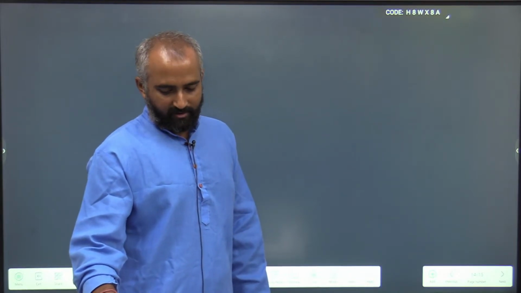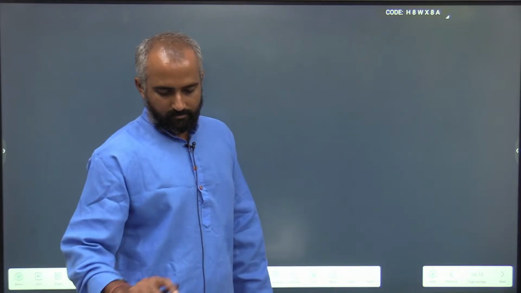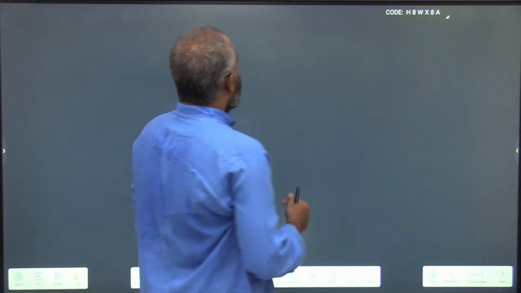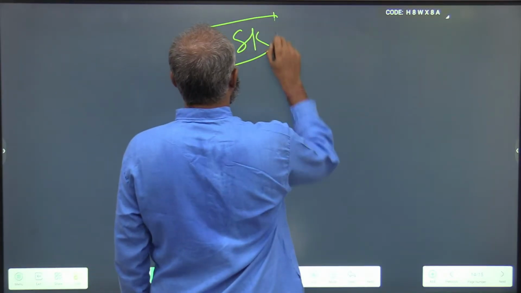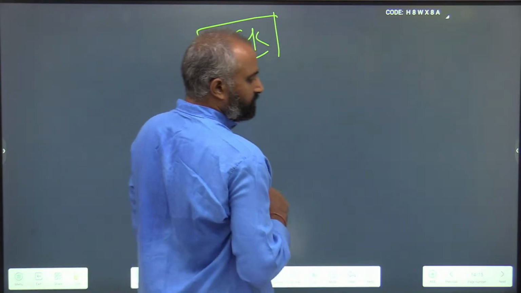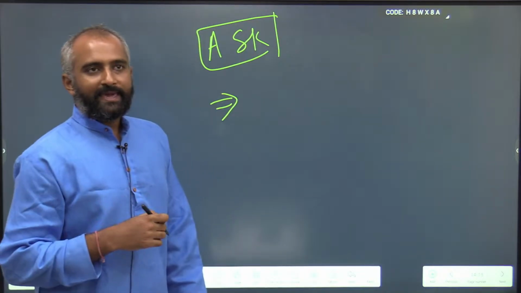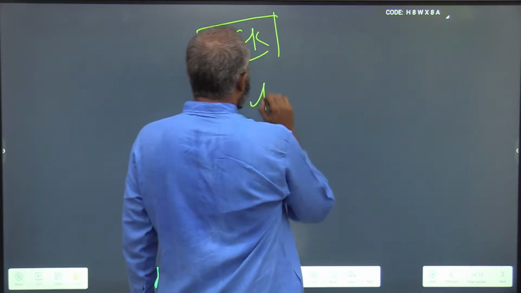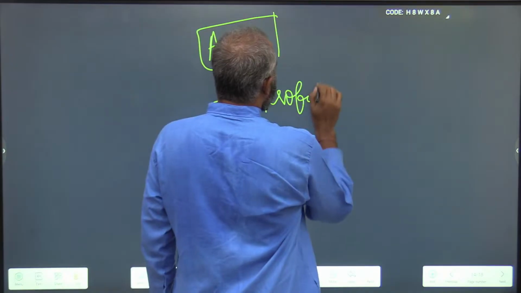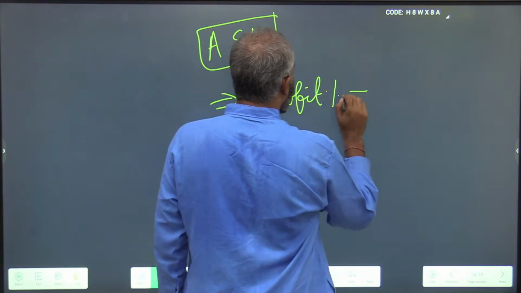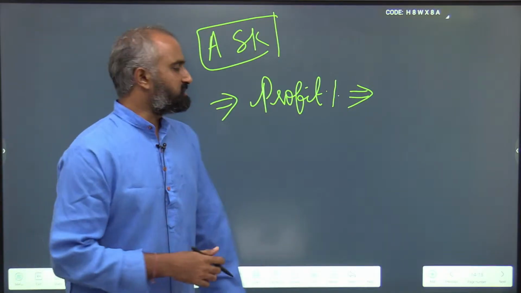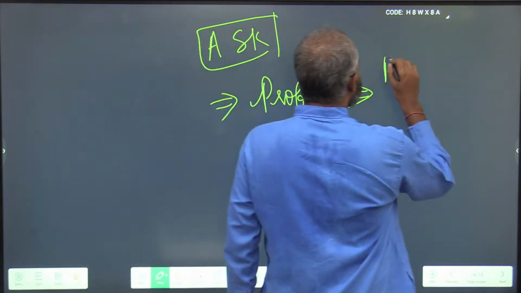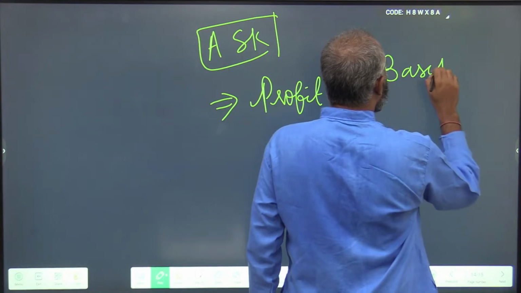Now a bit tougher. A shopkeeper wrongly calculates his profit percent based on SP.